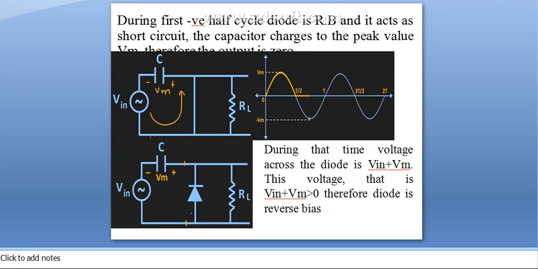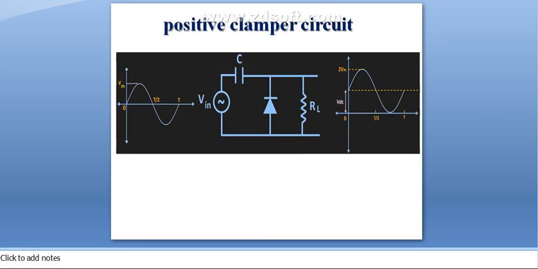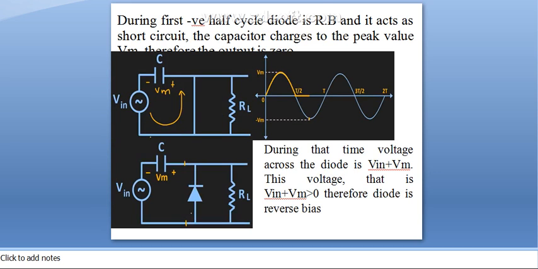See here, in the negative half cycle, the diode is in forward biased condition and it acts as a short circuit.